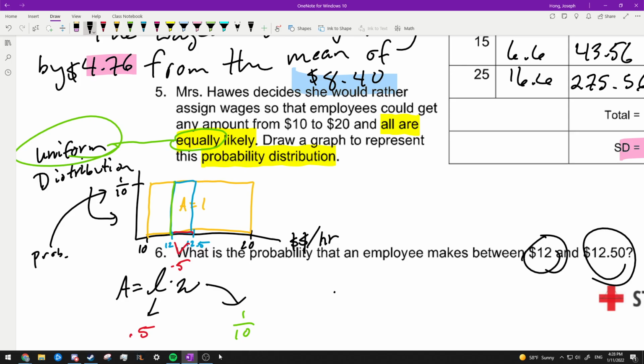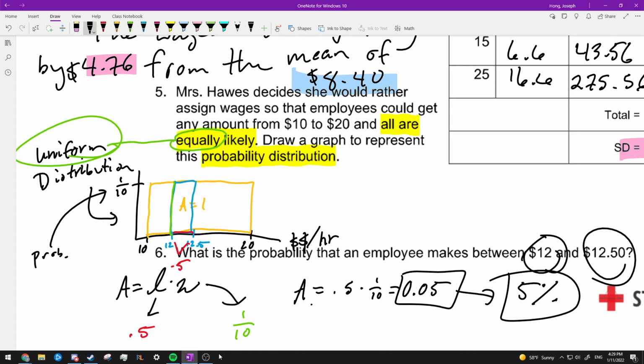So in the end, 0.5 times 0.1, or 1 over 10, is equal to the area, which is equal to 0.05. So they're saying that you have a 0.05 probability of getting between $12 and $12.50. So a 5% chance of that happening to you if this is true.